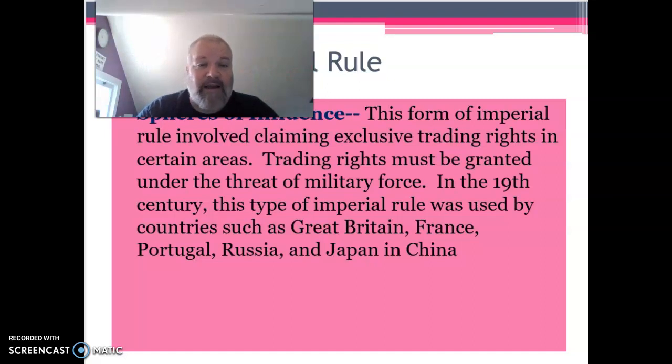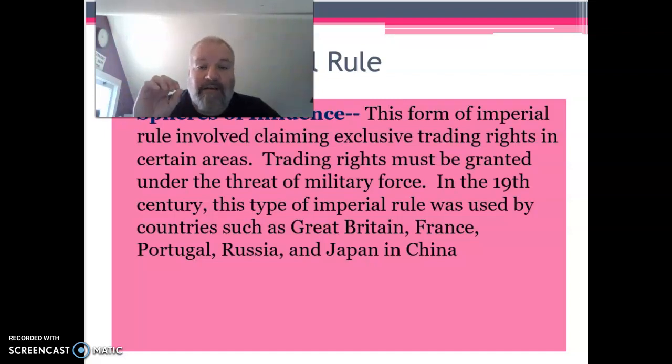Multiple countries had a little sphere of influence. Imagine a little circle in your country where everything in that circle is controlled by the British, and everything in this other circle of another city is controlled by the French, and everything down here in this little circle, maybe that's under Japan's control. Japan is an imperial power.